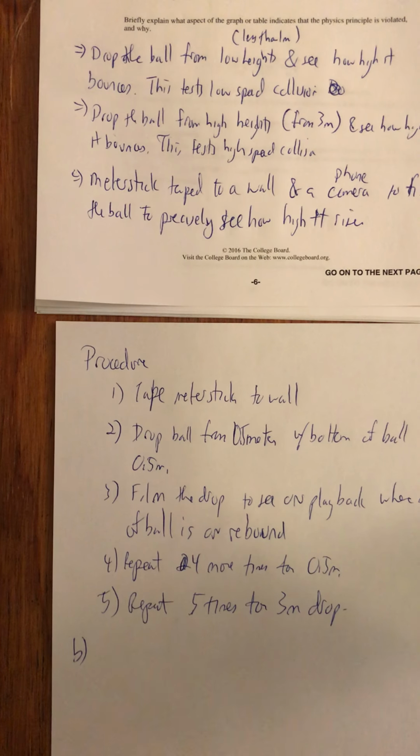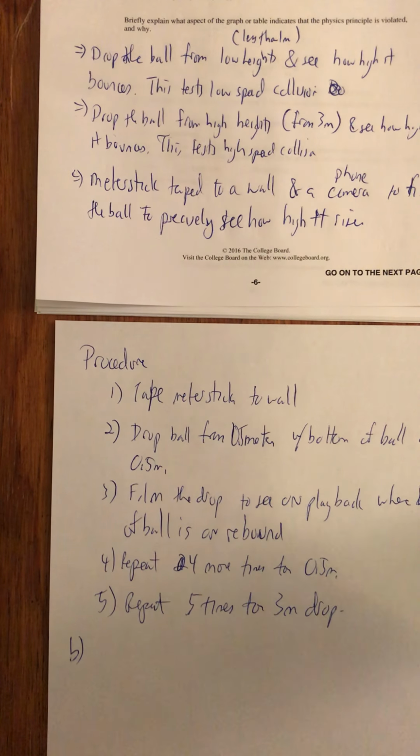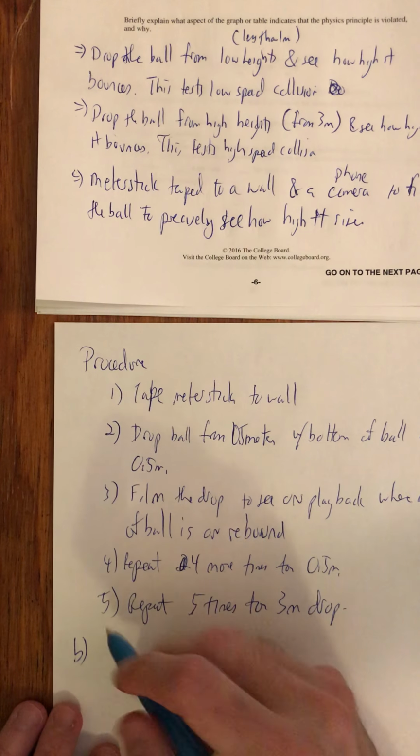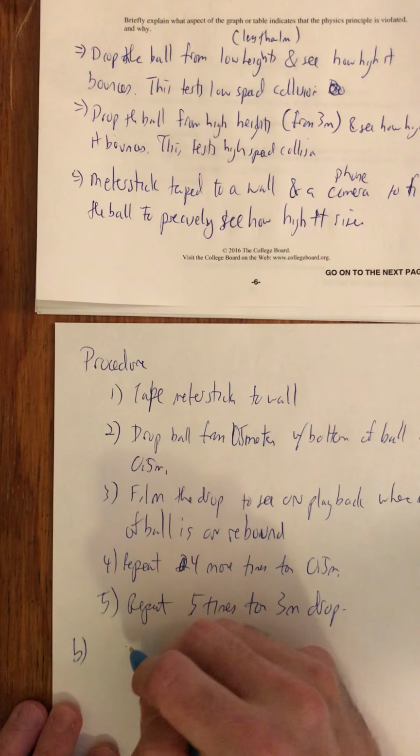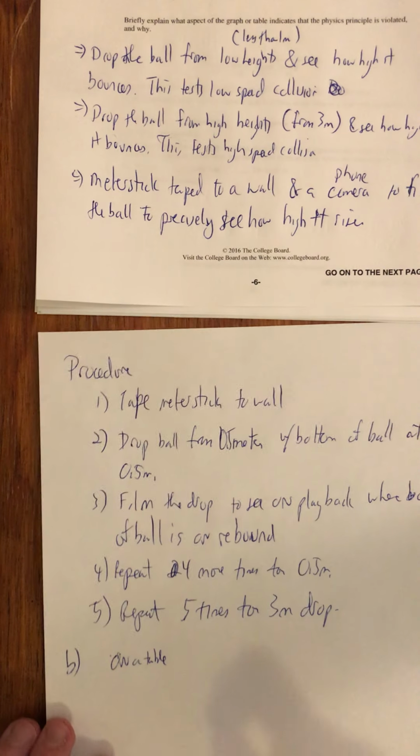B, describe how you would represent the data in a graph or a table. Explain how the representation will be used to determine whether the data is consistent with the student's hypothesis. So I would have something like a table.